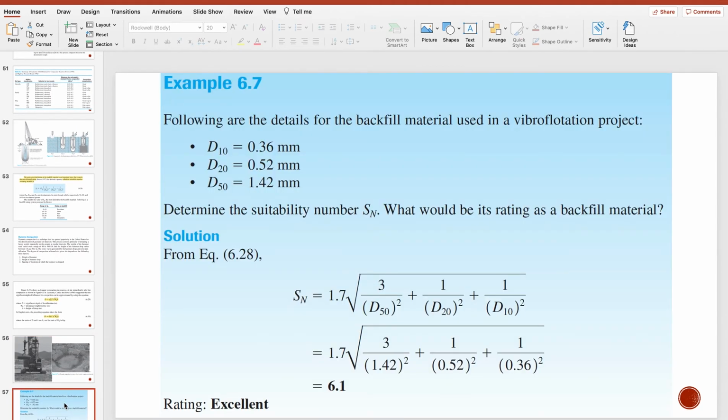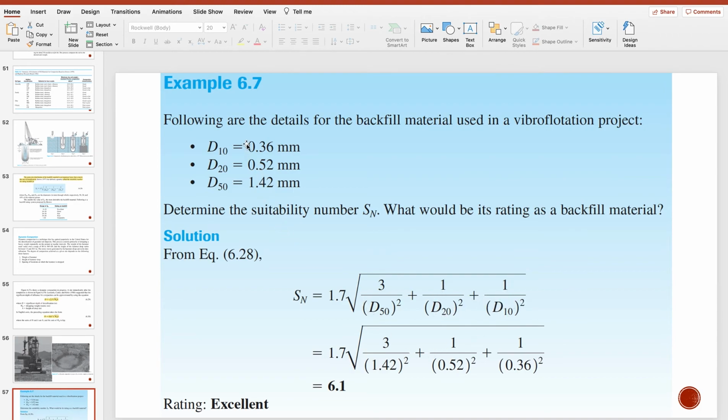So for our last example, the following are the details for backfill materials used in a vibro flotation project. D10, 0.36 mm, D20, 0.52 mm, D50, 1.42 mm. So S sub n is equivalent to 1.7 times the square root of 3 divided by D50 squared plus 1 over D20 squared plus 1 over D10 squared.